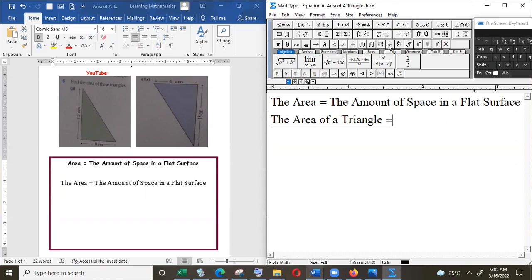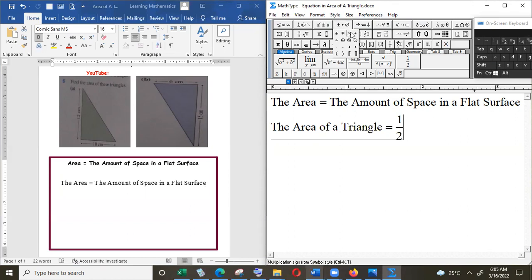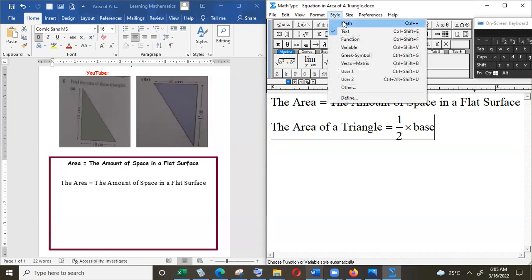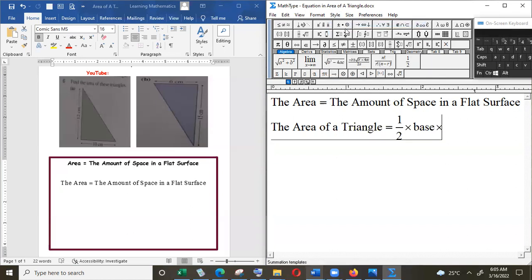The symbol for a half is 1/2, times the base, times the vertical height.